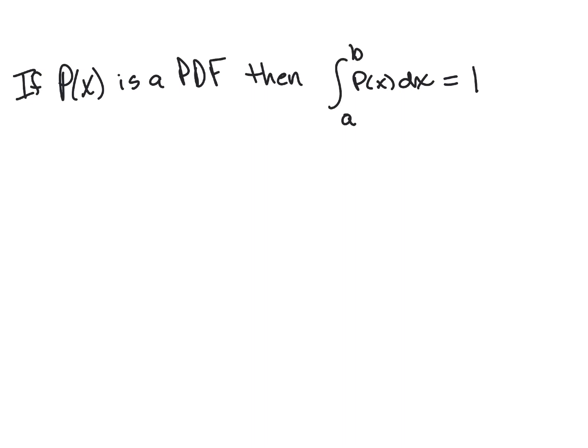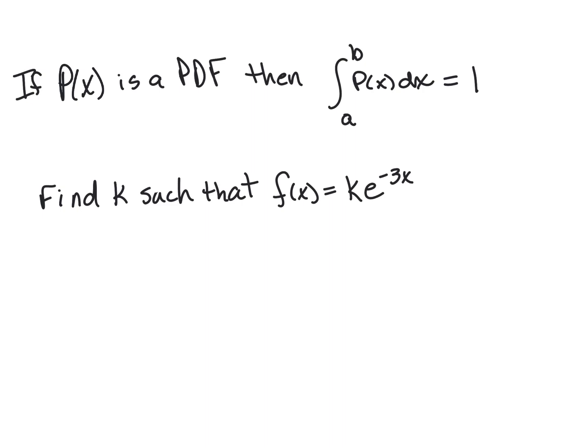So you can have something like: find k such that, let's say, ke^(-3x) is a proper probability density function.